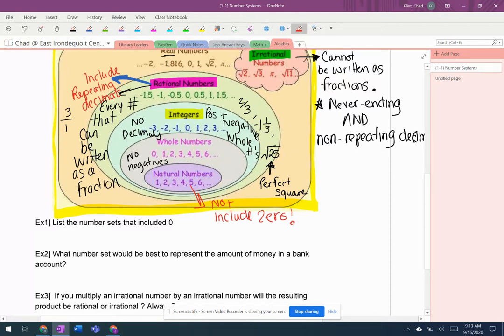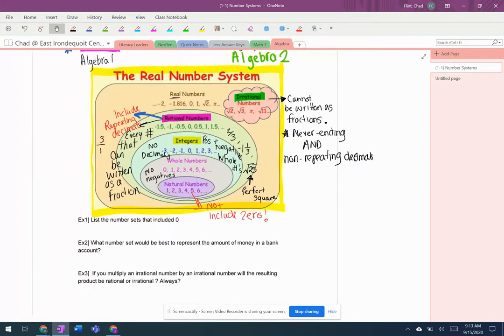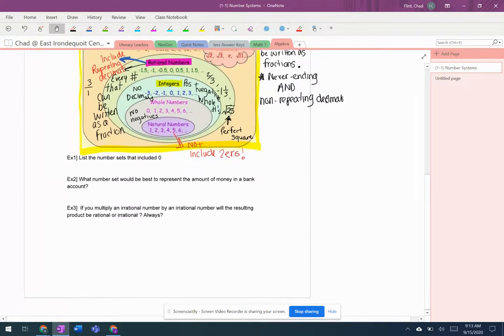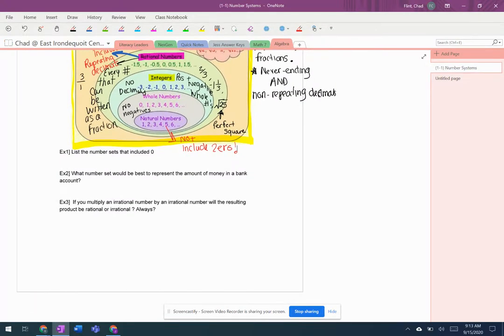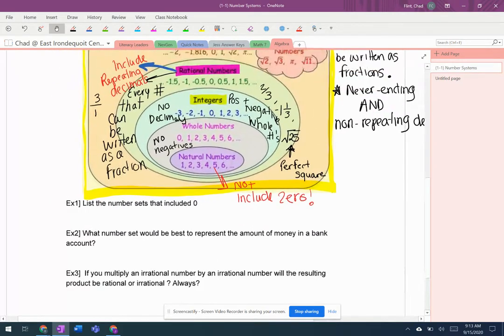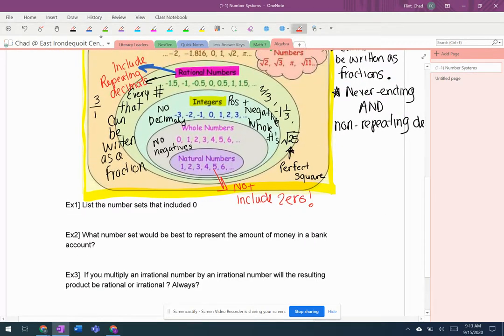Okay. So let's take a look at our first example. Example 1 tells us to list the number sets that include 0. That should say include, not included.